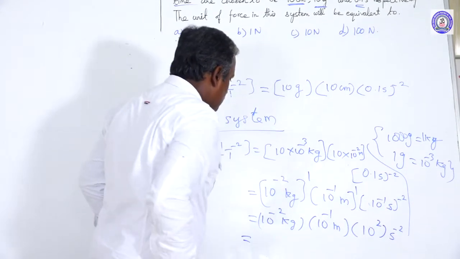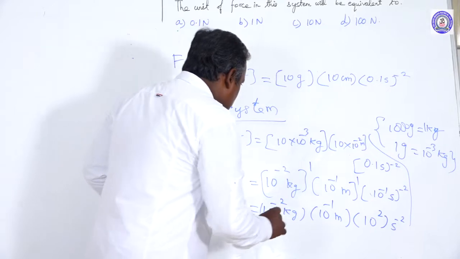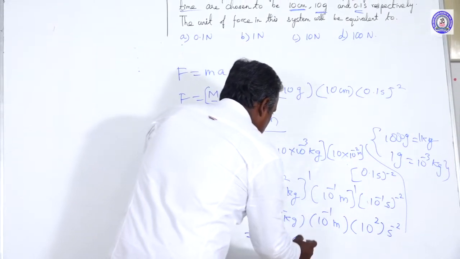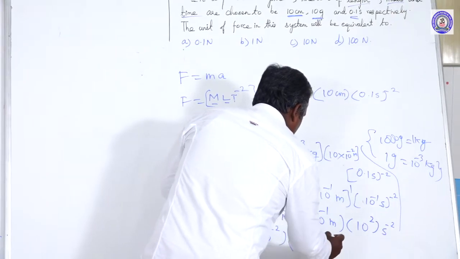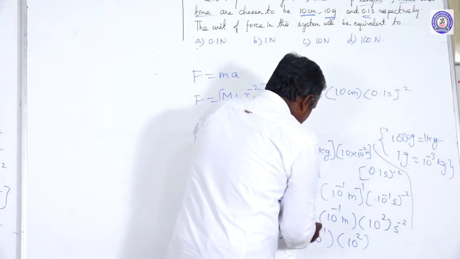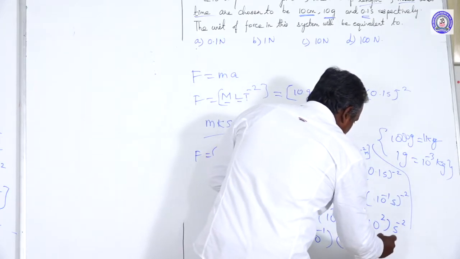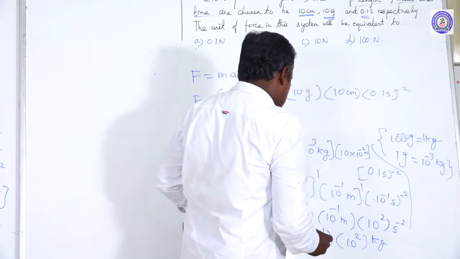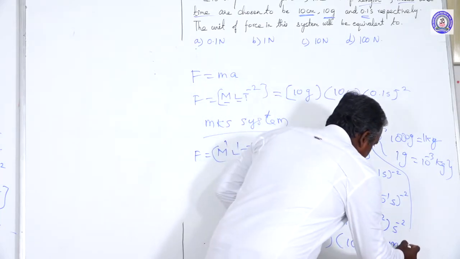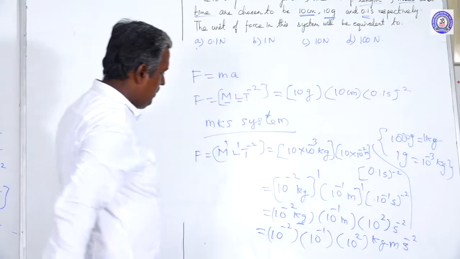Now 10 power minus 2, 10 power minus 1, 10 power 2, only units, kilogram meter per second square. Clear?